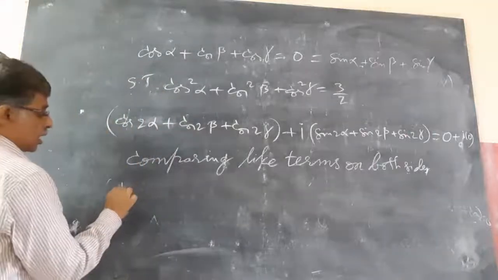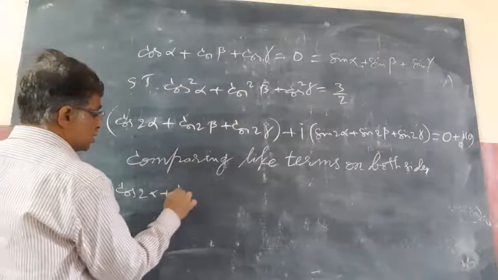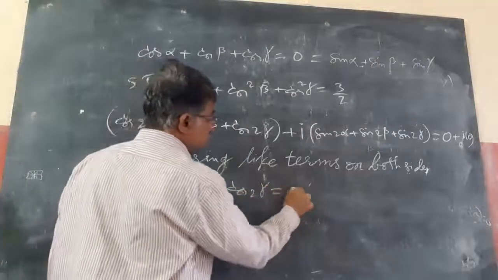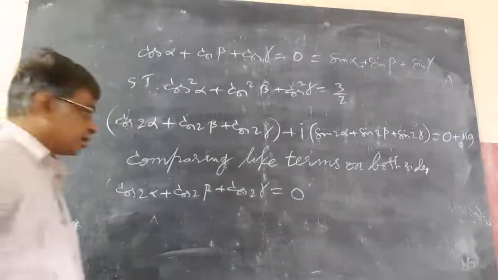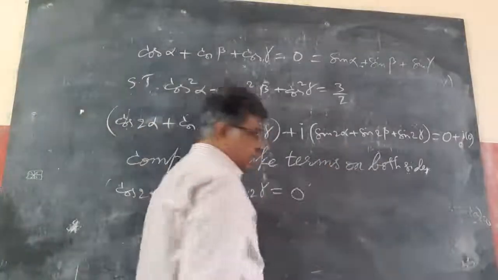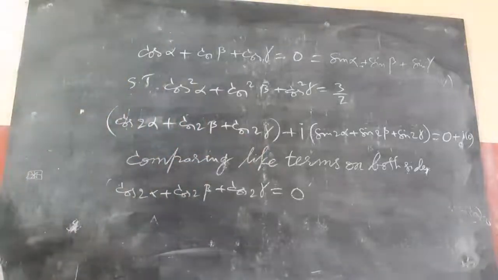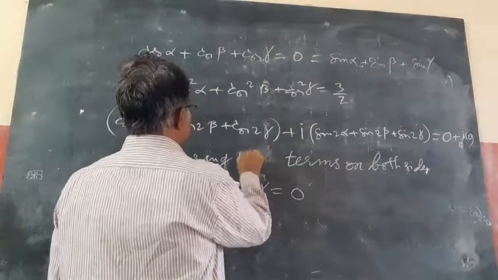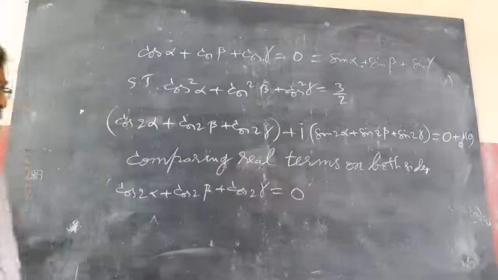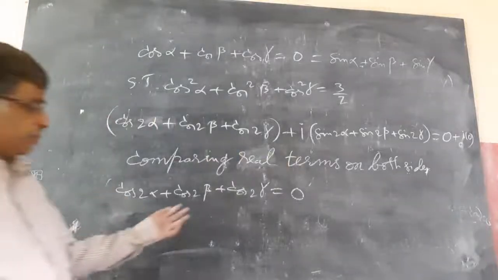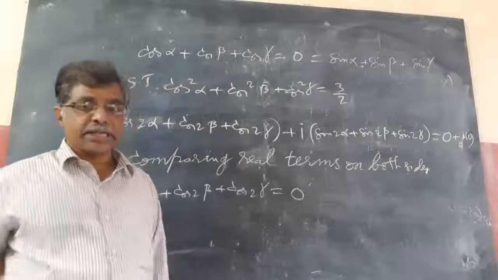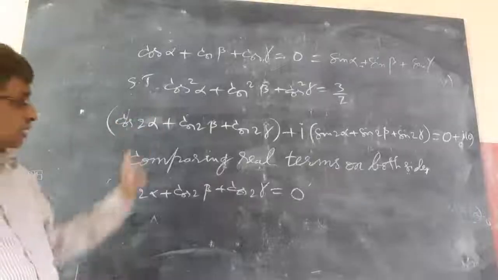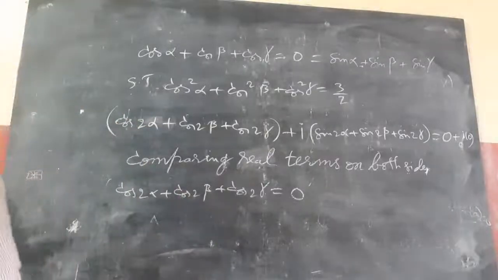Cos 2 alpha plus cos 2 beta plus cos 2 gamma equal to 0, and the imaginary part sin 2 alpha plus sin 2 beta plus sin 2 gamma equal to 0. I don't want the imaginary part, so comparing the real parts is enough for me. So I am taking cos 2 alpha plus cos 2 beta plus cos 2 gamma.